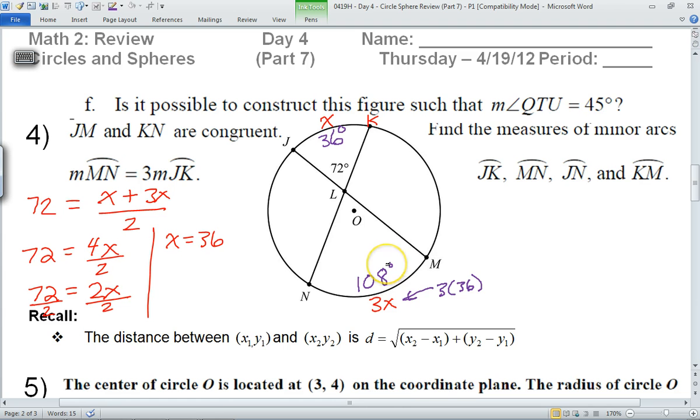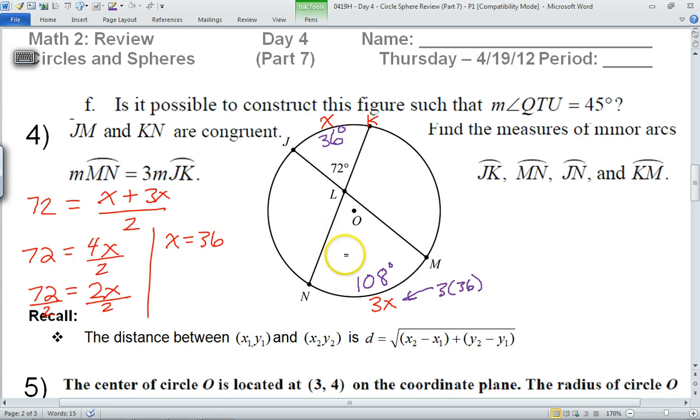Did I lose anybody just then? Now I've got both of these arcs. I'd like to know what the other arcs are. Let's see. How could I find the other 2 arcs? How many degrees are there total in a circle?